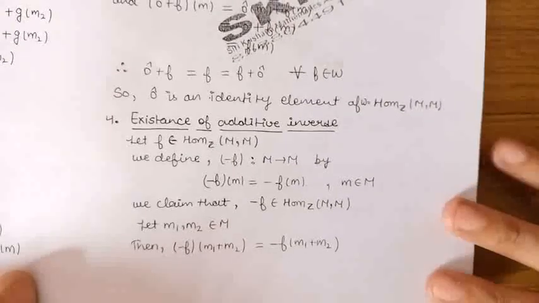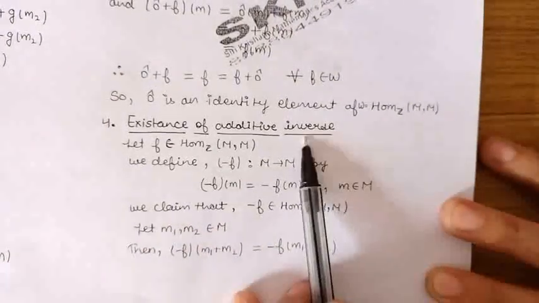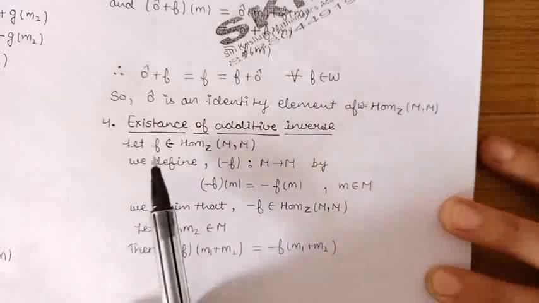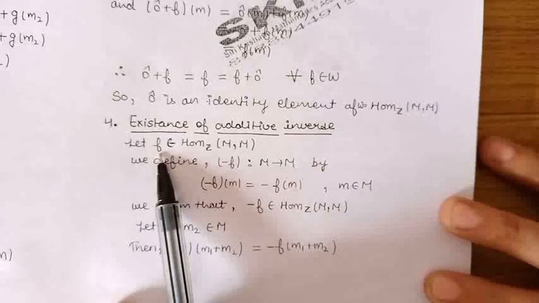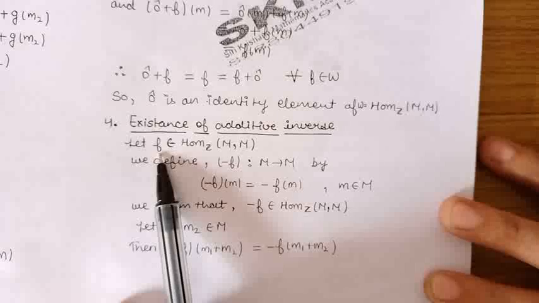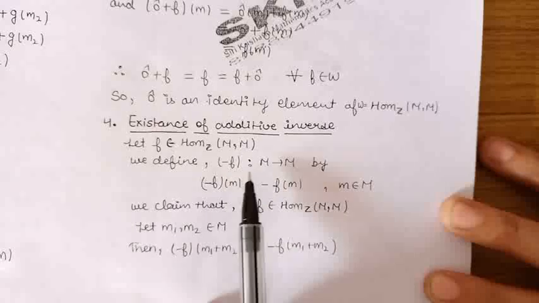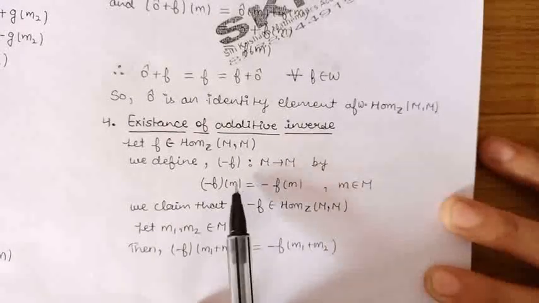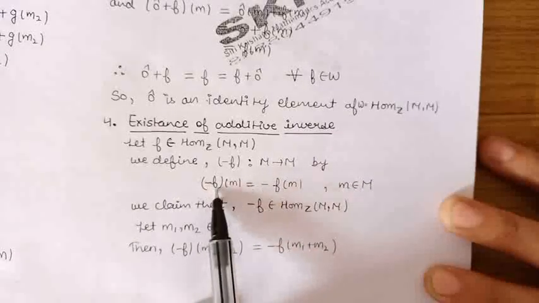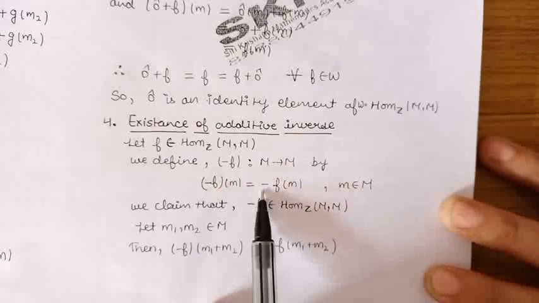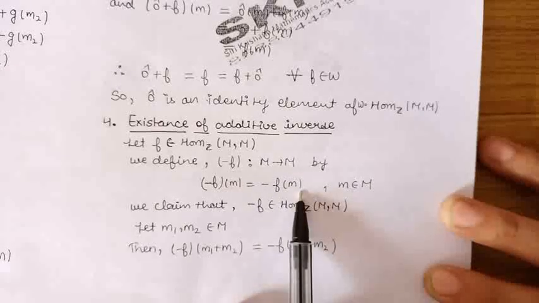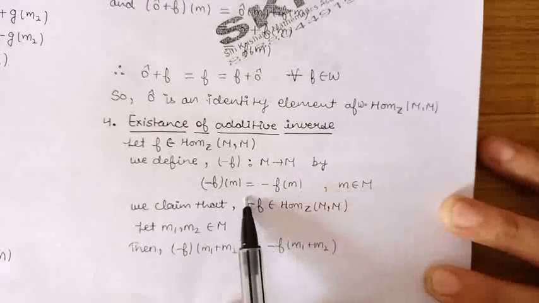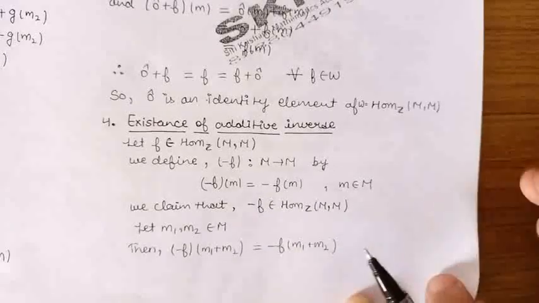Now next we prove the existence of additive inverse. Let us take an arbitrary element F belonging to W and we define its additive inverse. So let us define the mapping minus F from M into N by taking an arbitrary element M, and its image under minus F we have defined as negative of F of M. And you can easily verify that this mapping is a homomorphism of M into itself.